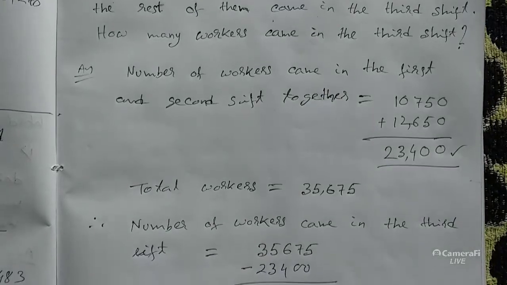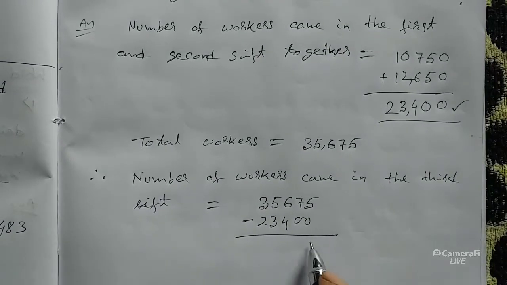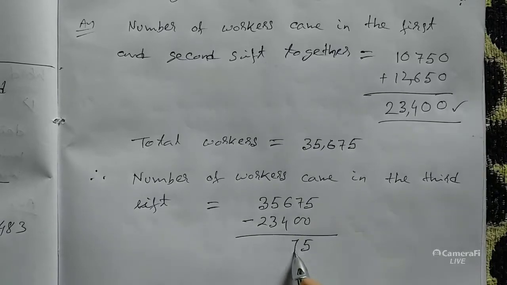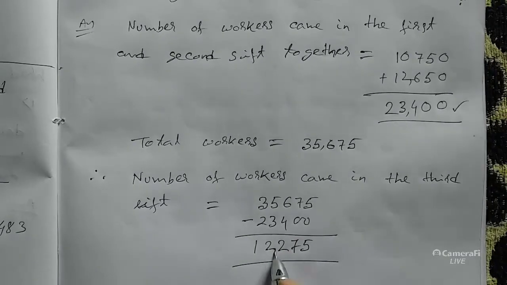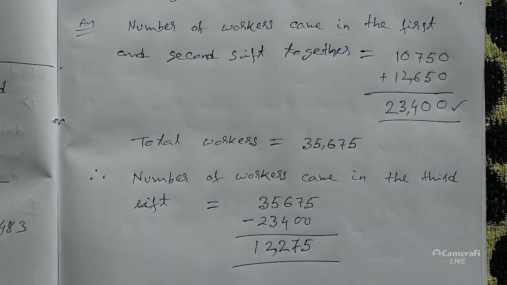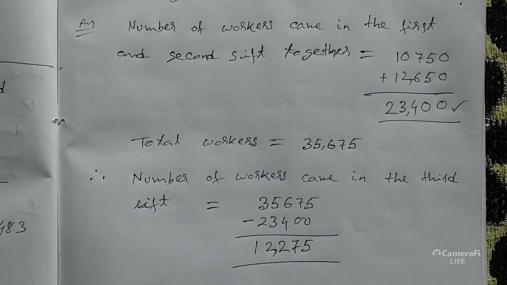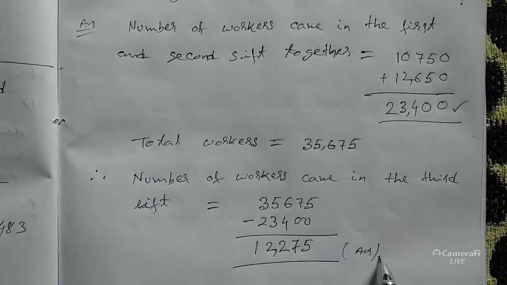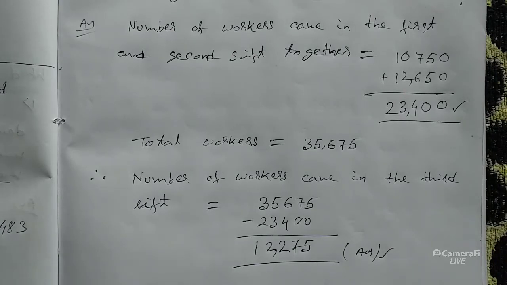Subtract. 5 minus 0, 5, 7 minus 0, 7, 6 minus 4, 2, 5 minus 3, 2, 3 minus 2, 1. 12,275 workers come in the third shift, and this becomes the answer.